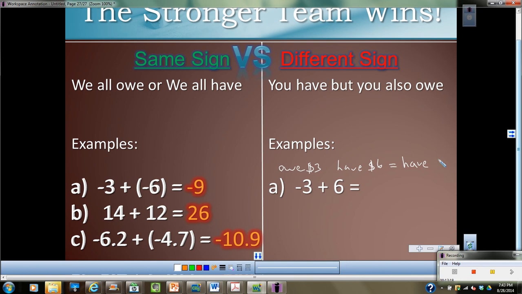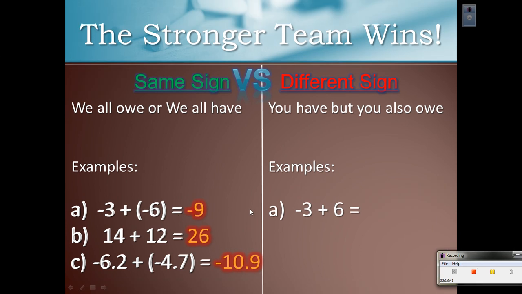I will have, once I've given them that $3, I will still have $3 left. So since you have money left over, that means my answer will be positive, and then I have $3 left over. And notice the number went down. It went from 6 down to 3. The different signs may give you less. Okay? Let's try it with a different one.